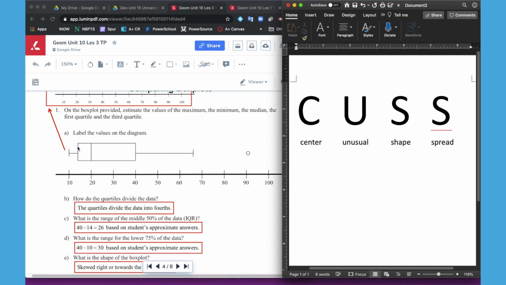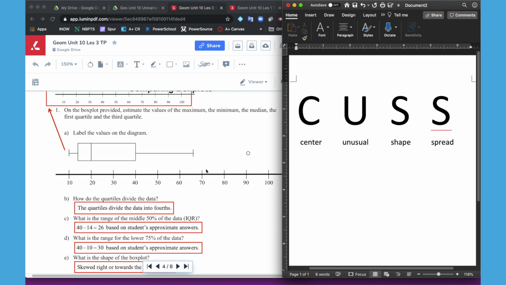We can also use spread as the IQR, which is the range of this box. So the interquartile range is the difference between Q3 at 40 and Q1 at about 14. So 40 minus 14 is 26. And we would say the interquartile range is about 26 for this data set.